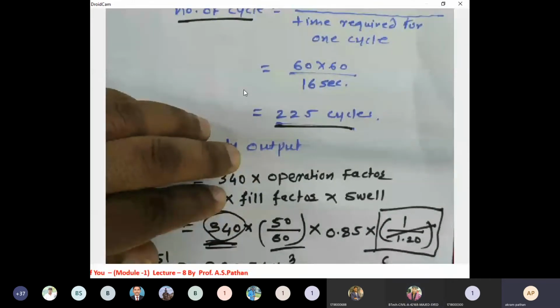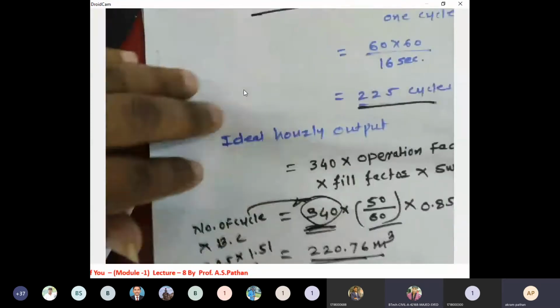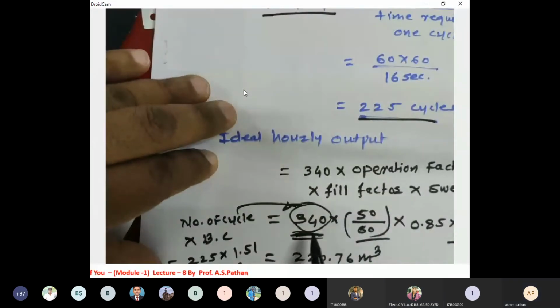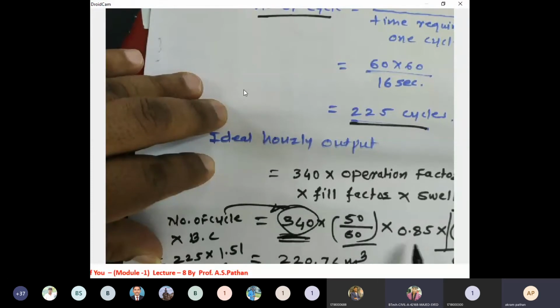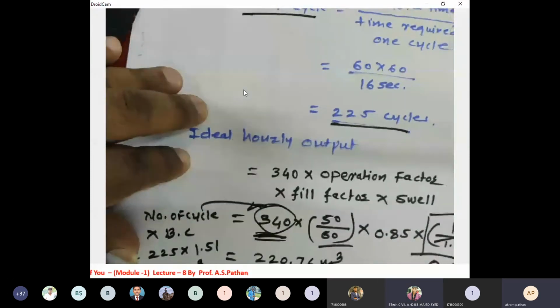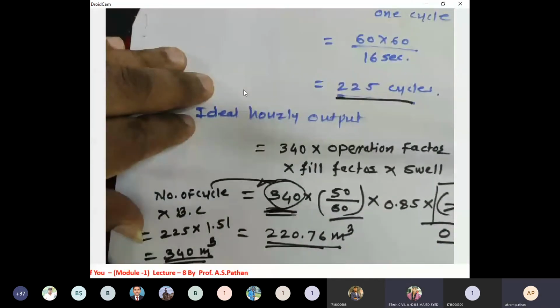Okay, this is 0.2. For the remaining, calculate this one, 340 into 50 divided by 60 into 0.85 into 0.2. So how much? 48.16.